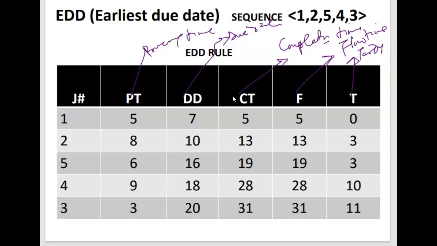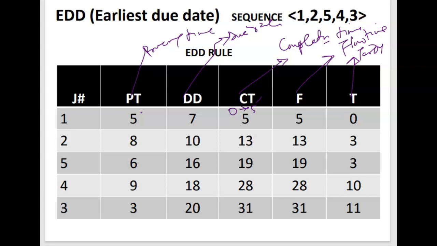Now, here you need to be careful. Completion time: when did you complete job 1? It will be the first five days, because this will be 0 to 5. So that means at the end of the 5th day, you are going to complete job 1. Then job 2 is going to take 8 days.